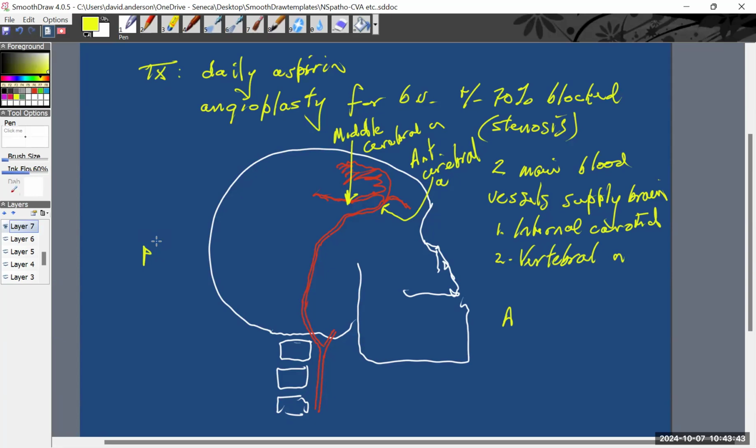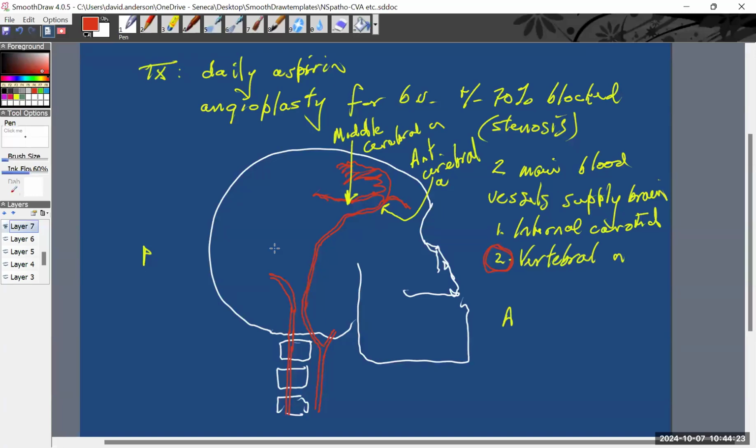The second major artery supplying structures in the brain is the vertebral artery. The vertebral artery passes up through the transverse processes of the cervical vertebrae, and then enters the skull behind the internal carotid, and is going to branch to head posteriorly to form what's called the basilar artery.